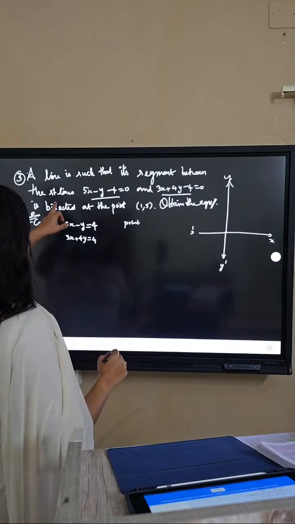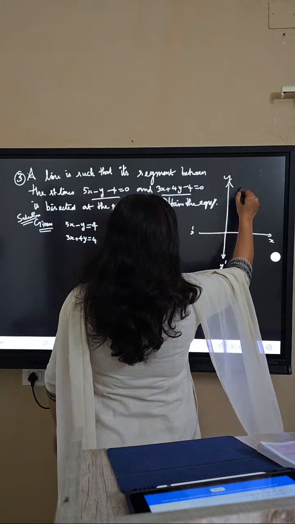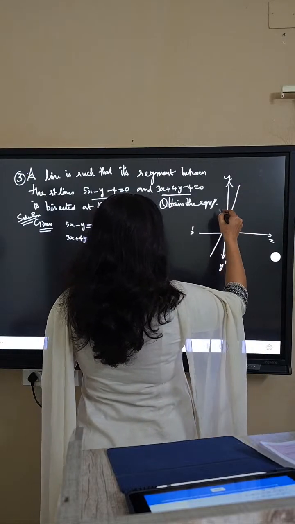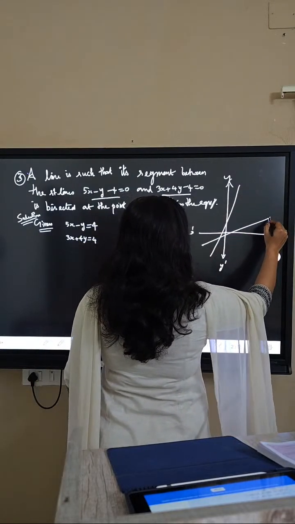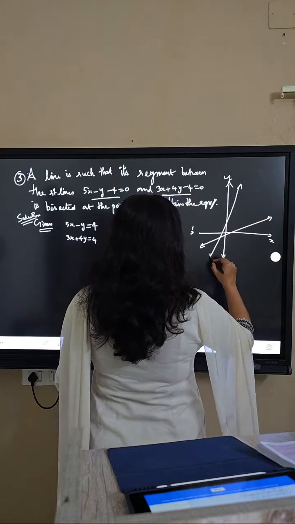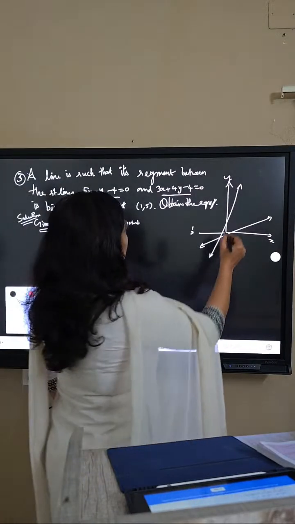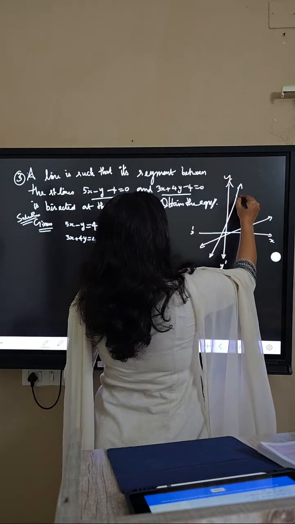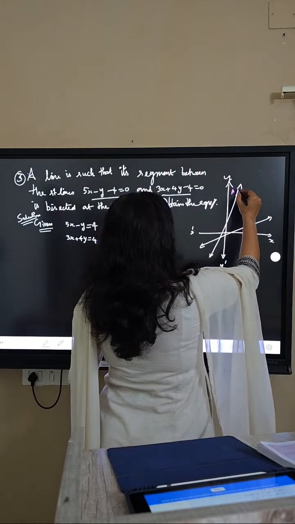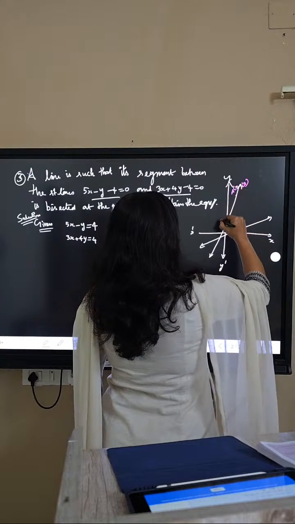If the line segment is between two straight lines, and you are taking these two straight lines, okay, these two are straight lines, then there is one point here that might be A. Let this point be x1 comma y1 on the first line.